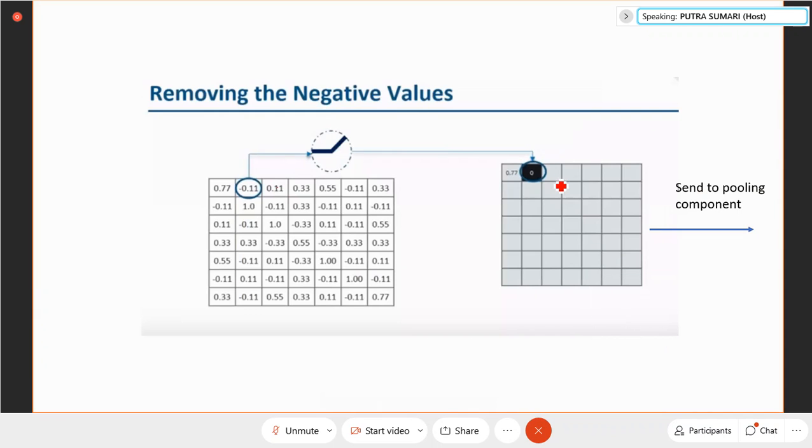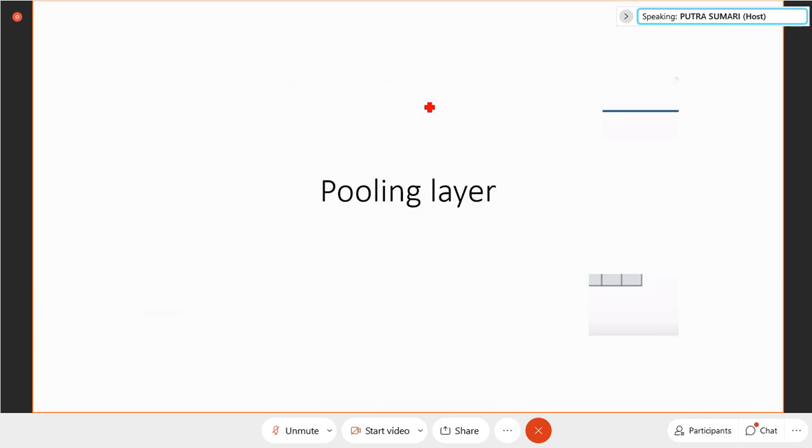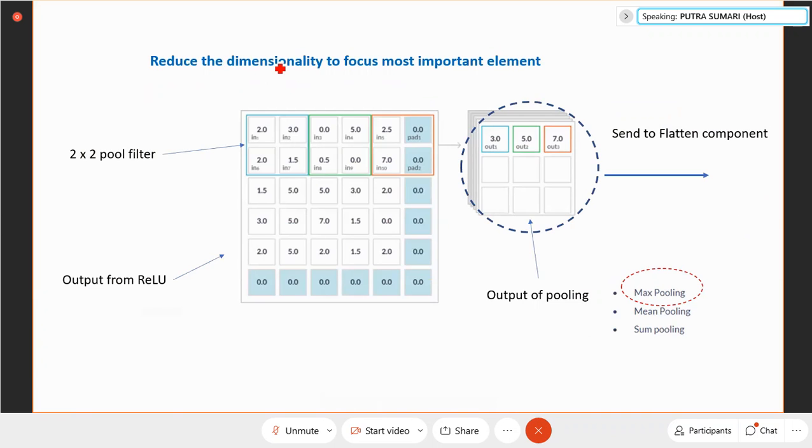So this is 11, so just remain the number, 0, 11. Okay, 0, 11. And 0.33, 0.5. This is negative, so here it becomes 0. This is 0.3. So that's ReLU. Basically, if you use ReLU, it removes the negative values.